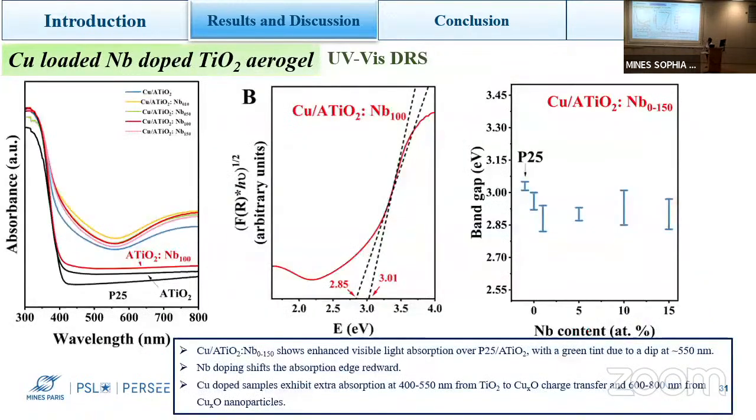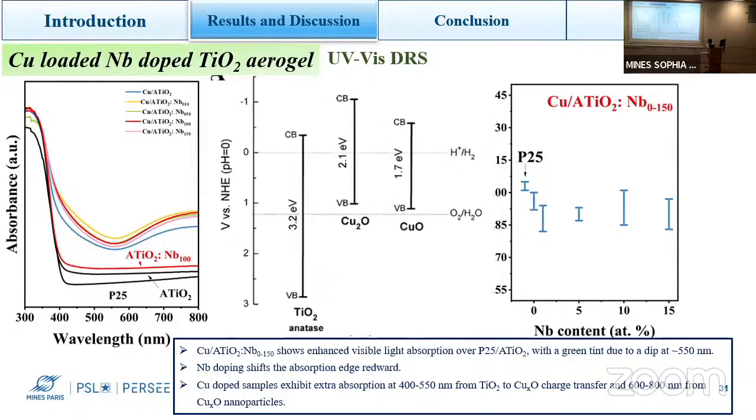We also use UV-vis to characterize the optical property after loading copper. Compared with P25 and pure TiO2, after loading copper with niobium there's first of all a redshift because of niobium doping, and the absorption is much higher compared with pure TiO2 and pure niobium-doped TiO2.